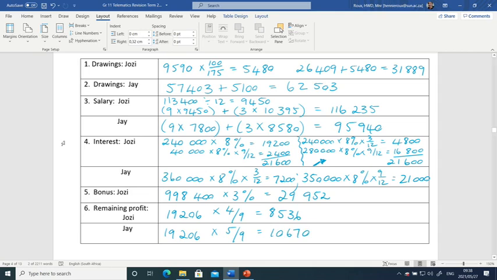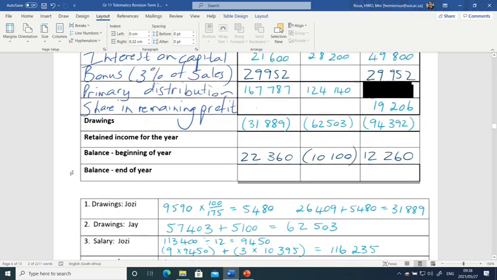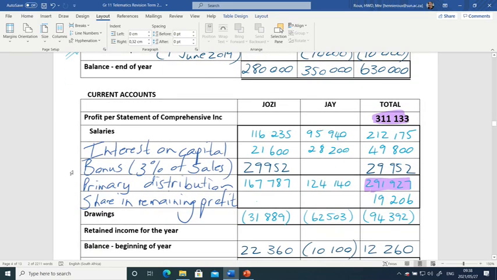So there is the remaining profit that is shared in the ratio 4 to 5, and the magic is those two will add up to 19,206.